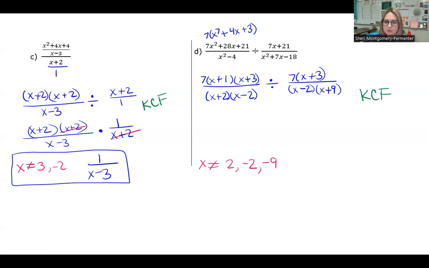I have to keep the first fraction exactly the same. Gonna change to multiply and flip the second one.